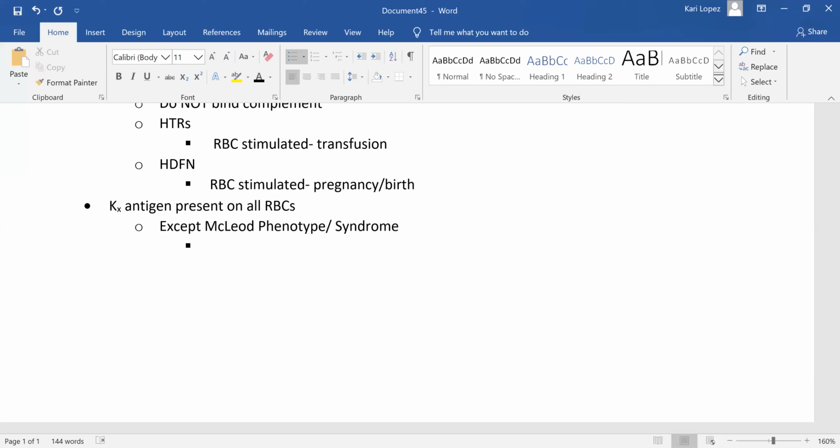So this McLeod phenotype or syndrome is X-linked. What does that mean? Sex chromosome. Yep, your sex chromosome. And you often find people with a McLeod phenotype have hemolytic anemia with an increased acanthocytosis.